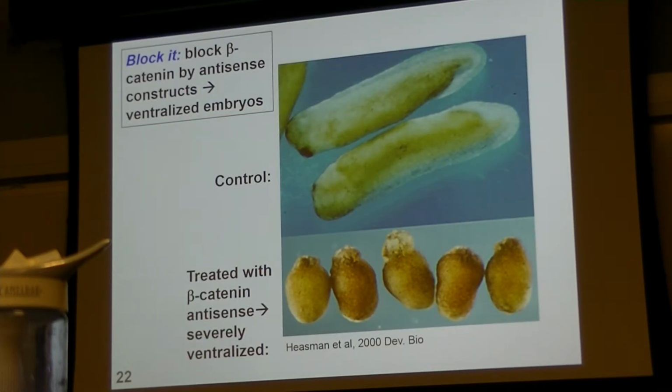In this particular experiment, to block beta-catenin, they took the approach of an antisense mRNA. And this is a reverse genetic approach, right? So we are starting with the target gene that we know about. We want to try to knock it down.